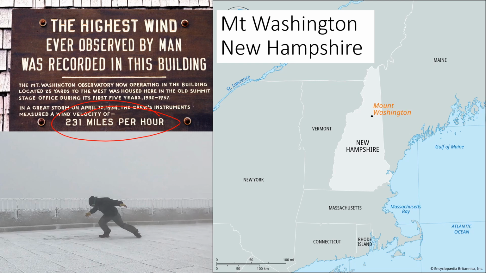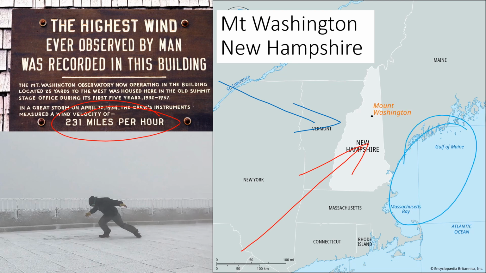Mount Washington is in a place where they get a lot of wind, and here's why. It's way up in New Hampshire, and so they tend to get that continental polar coming down from Canada. And they tend to get the maritime tropical air mass coming out of the Gulf of Mexico, gets carried up that way by the jet stream. In addition, you also have a fairly cold water current here.